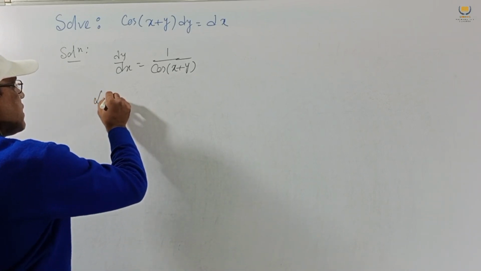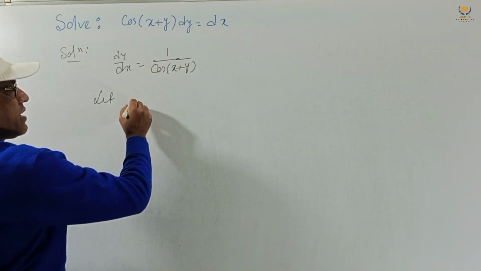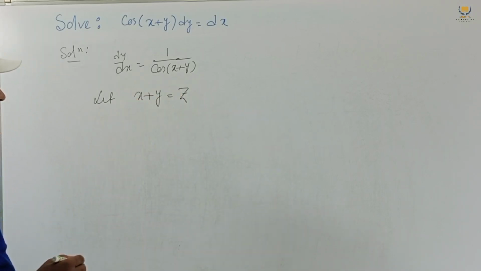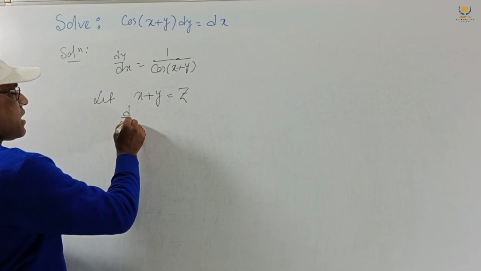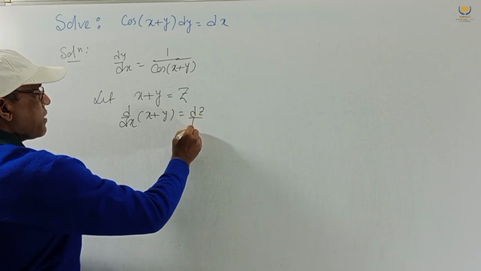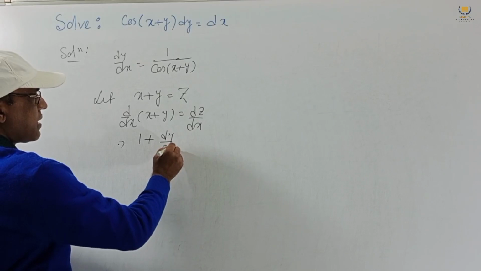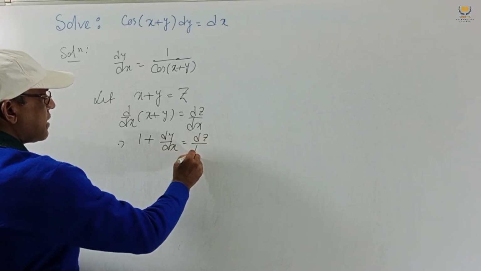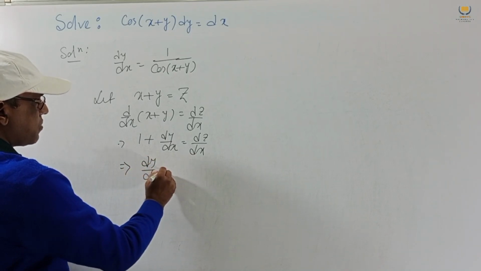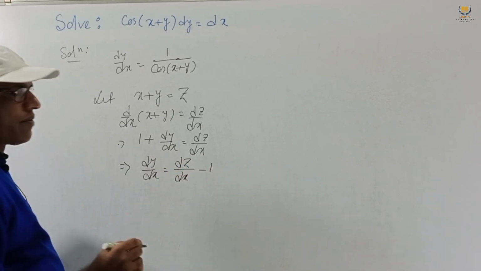Now it is not possible to separate x plus y from cos. At that time we consider another variable. This equals z. Differentiating both sides with respect to x, then we get this one: this is 1, this is dy/dx, and this is dz/dx. So this implies dy/dx equals dz/dx minus 1. We get this.